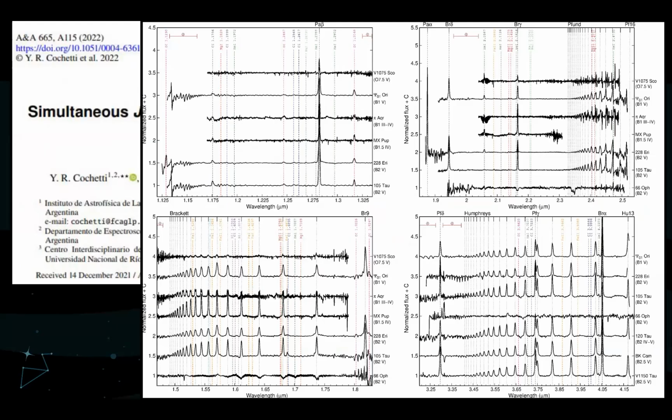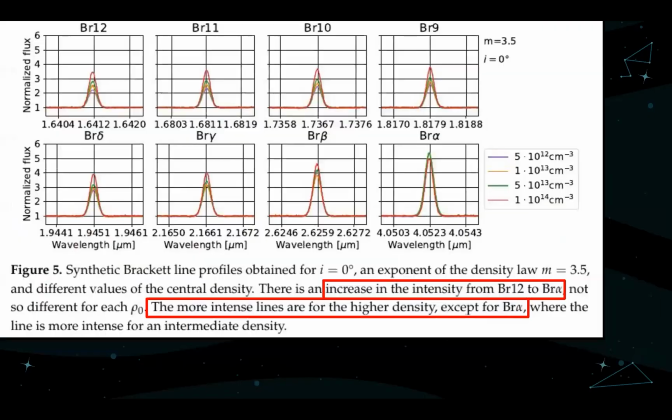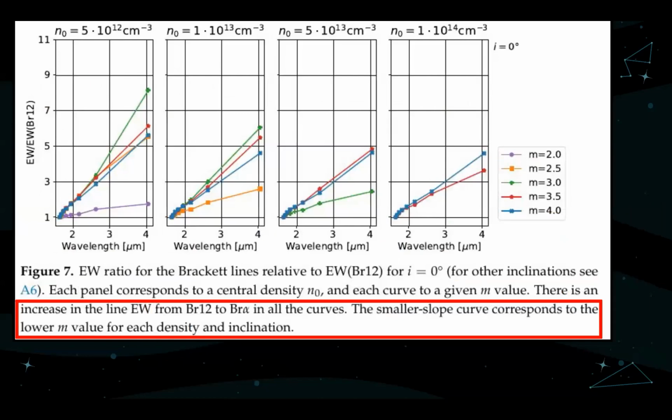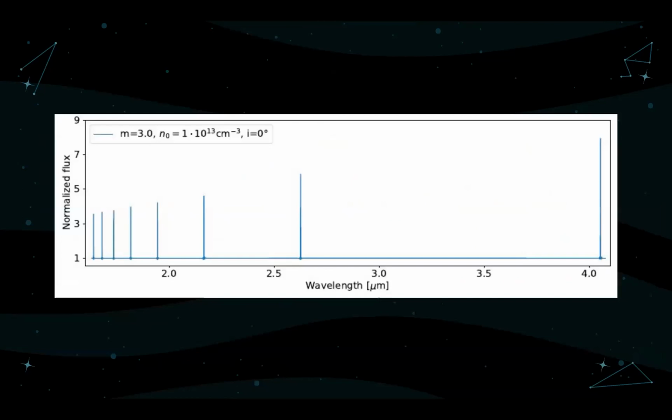Yes, so 2, 3, 4 micrometers. This is Brackett alpha, Brackett beta, Brackett gamma, Brackett delta, Brackett 9, 10, and all the lines. This is just the Brackett series.